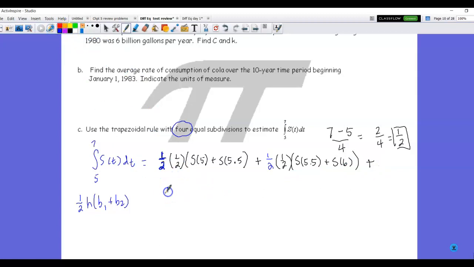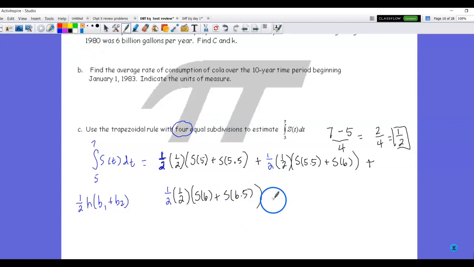I'm going to wrap this around because I'm running out of space. The third trapezoid is 1/2 from the formula for the area of a trapezoid times 1/2, which in this case is the common height. Base number 1 is S of 6. Base number 2 is S of 6.5.